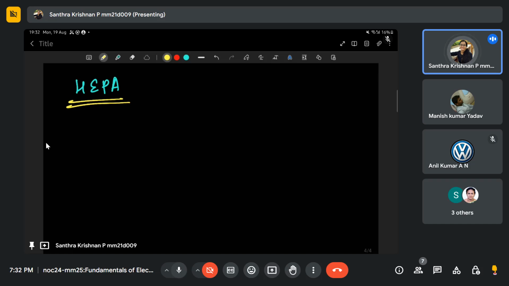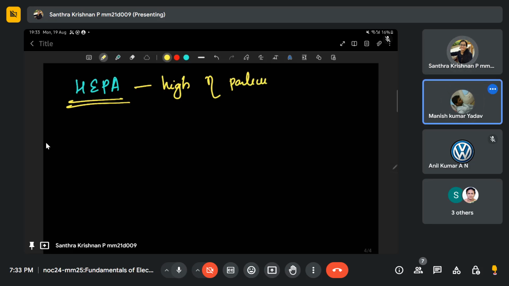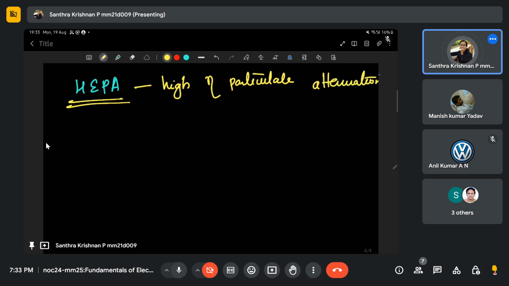In clean rooms it is used in the hoods to minimize contamination. But there is a full form for this HEPA. High efficiency particulate attenuation. That is HEPA filters.